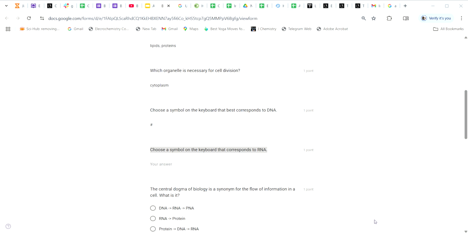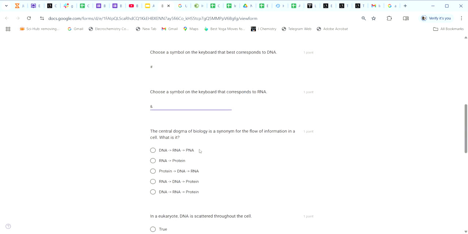Okay, let's move on. I think the symbol will be a helical pattern. The central dogma in biology is a synonym for the flow of information in a cell. What is it? DNA to RNA.